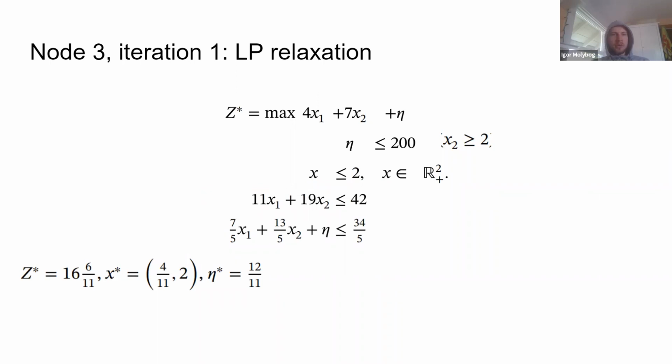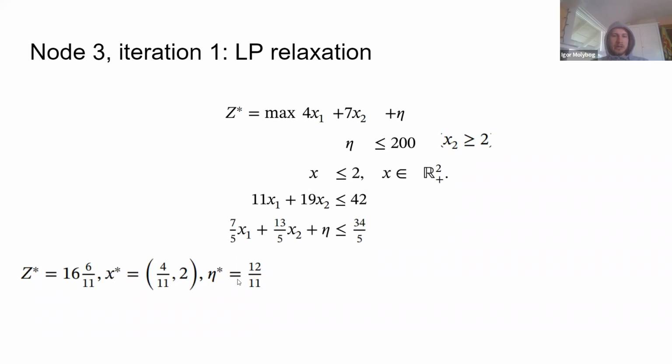Now, returning to the node 3, in the node 3 we still have the same inequalities that we have added on the iteration 3 of node 1, but now we have added a new inequality x2 being greater than or equal to 2, and the corresponding x star, the optimal solution, consists of one fractional and one integral value.